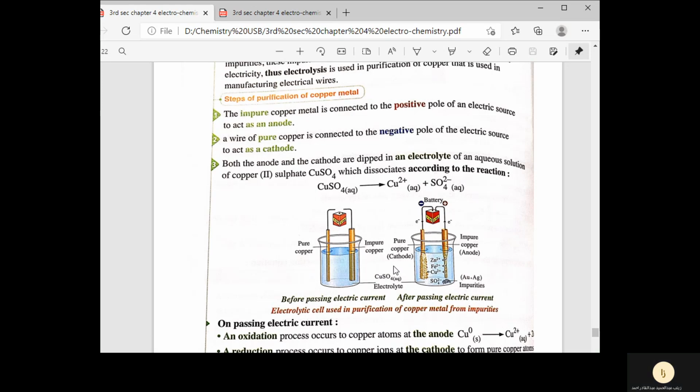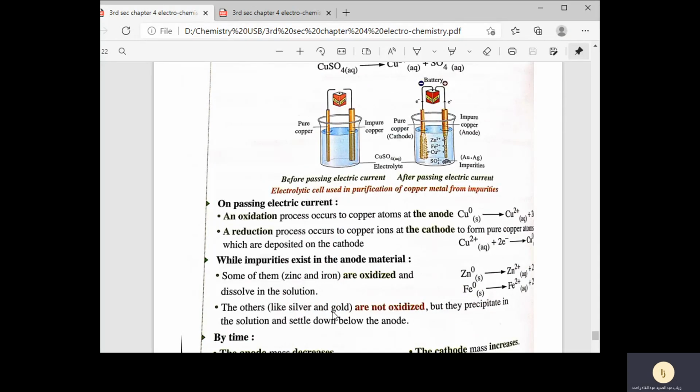What will happen when we pass electric current? First, the copper sulfate in the electrolyte solution will change into copper positive and sulfate negative. By passing electricity, oxidation and reduction take place.